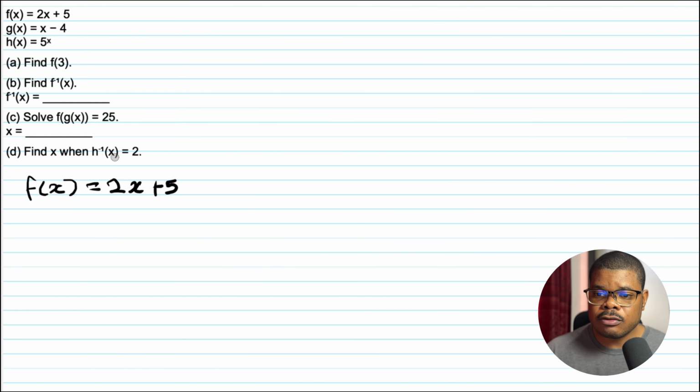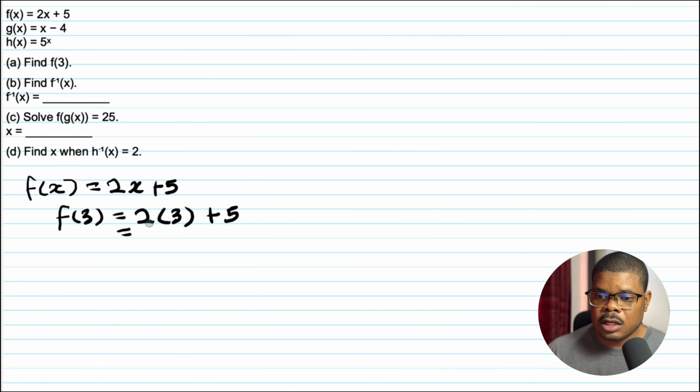So that means instead of 2x plus 5 now, what we have is that f of 3 is then equal to 2 times 3 plus 5. And 2 times 3 is equal to 6 plus 5. And 6 plus 5 is equal to 11. So basically that is just what f of 3 is. F of 3 is equal to 11. All right, so let's move to the next question.